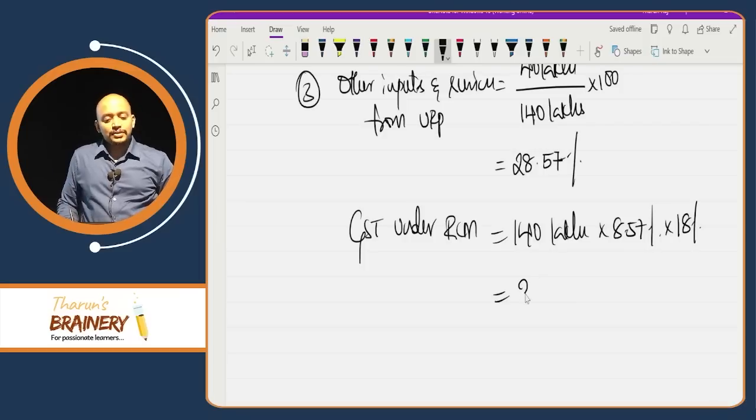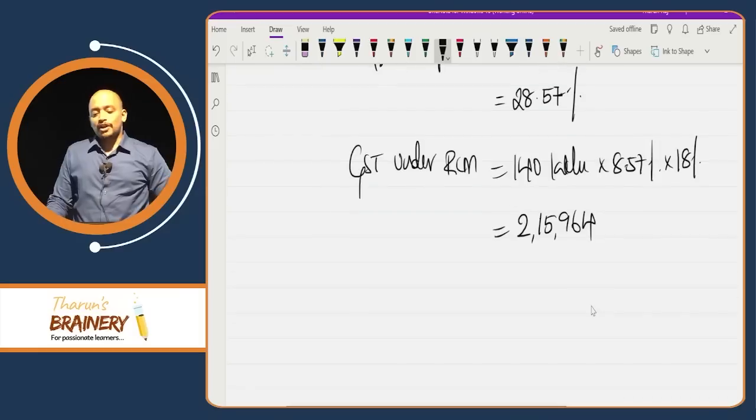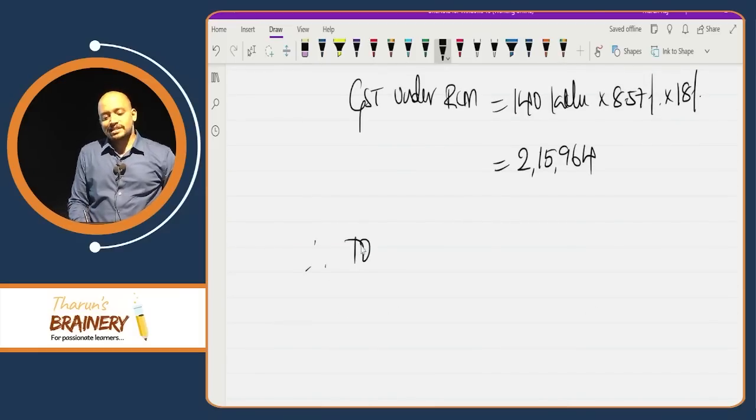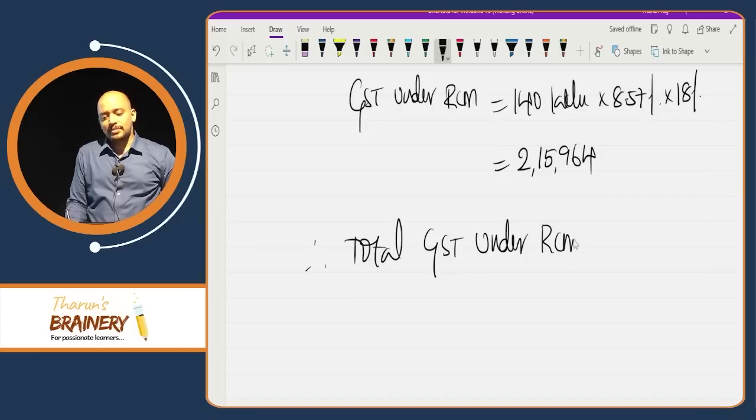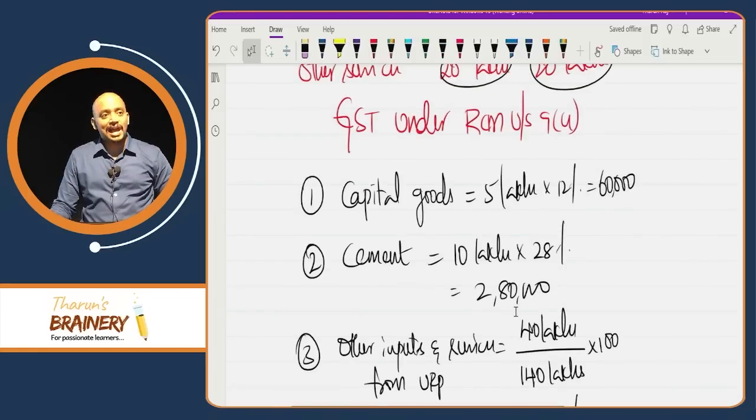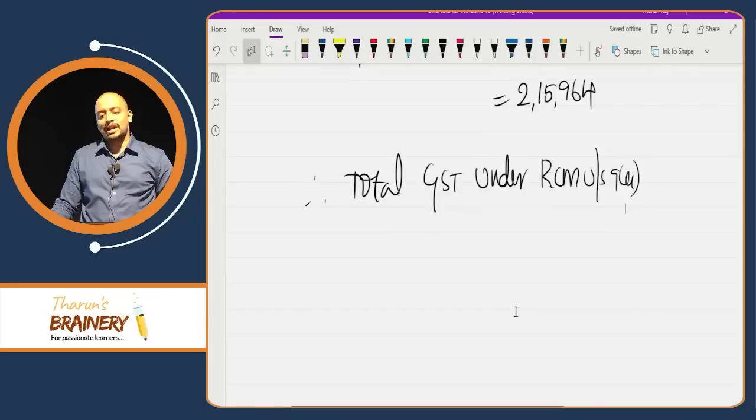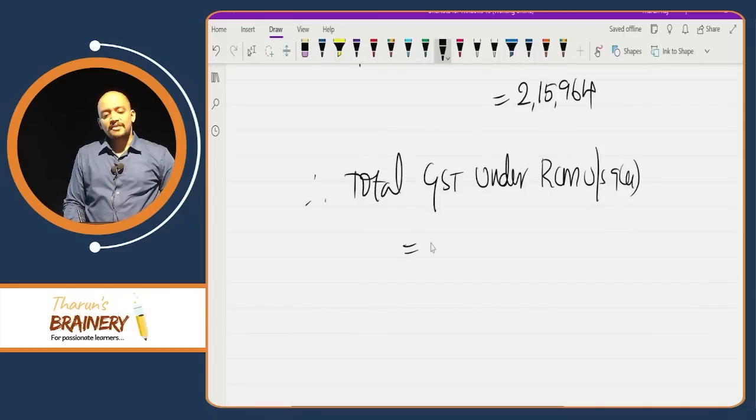2,15,964. So therefore, total GST under RCM under section 9(4) is 60,000 plus 2,80,000 plus 2,15,964, that is 5,55,964.